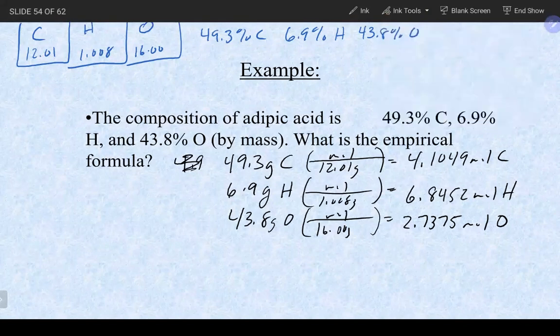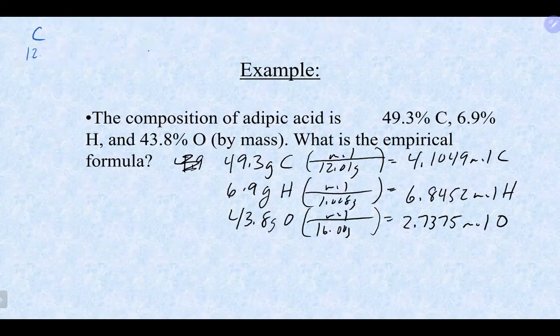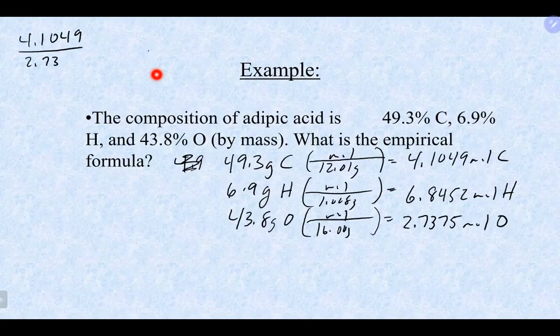So that is what we'll do here. Let me get rid of some of this up here so it's written a little higher up. All right, so we will take our oxygen and divide everybody by it. So that's going to be 4.1049 divided by 2.7375 for our carbon. We will then take 6.8452 and divide it by 2.7375 for our hydrogen.